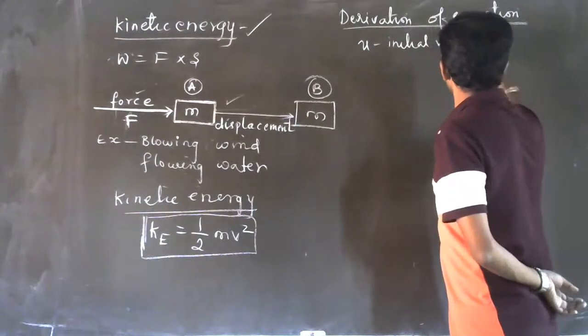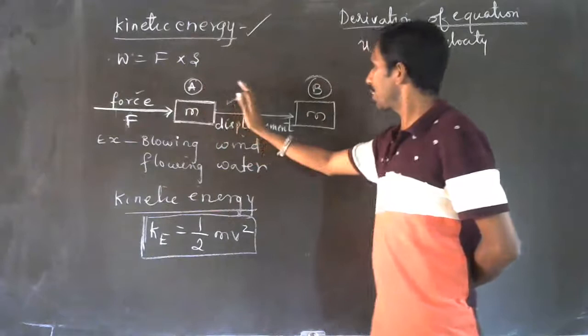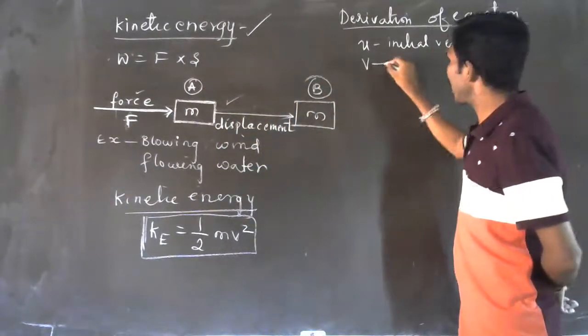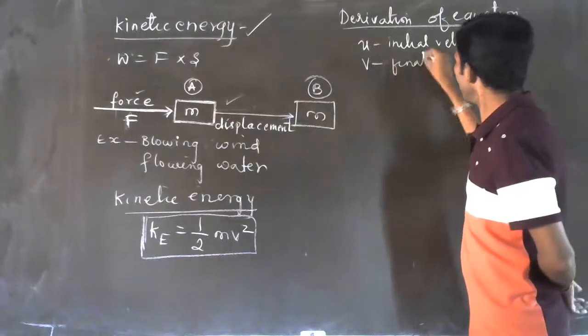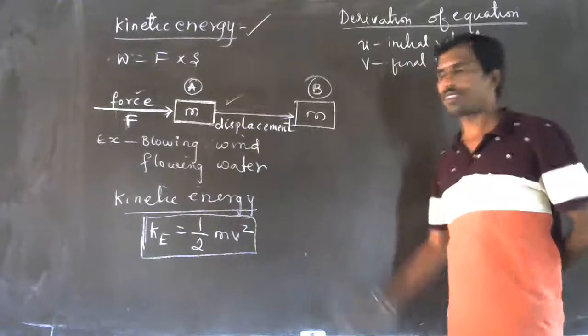When the force is applied, there is a change in velocity. It will attain a certain final velocity, that is v, before reaching this position. Understood?